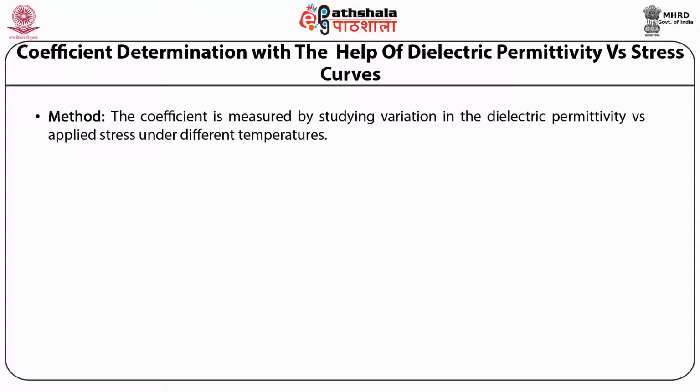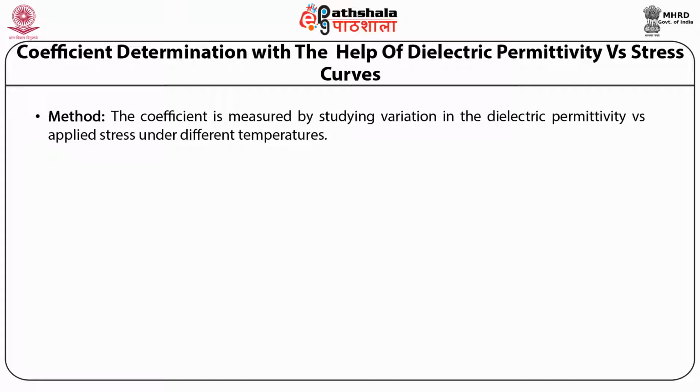From the direct effect of electrostriction, Q_ijkl can be expressed as Q_ijkl equal to half of del squared S_ij divided by del P_k del P_l.